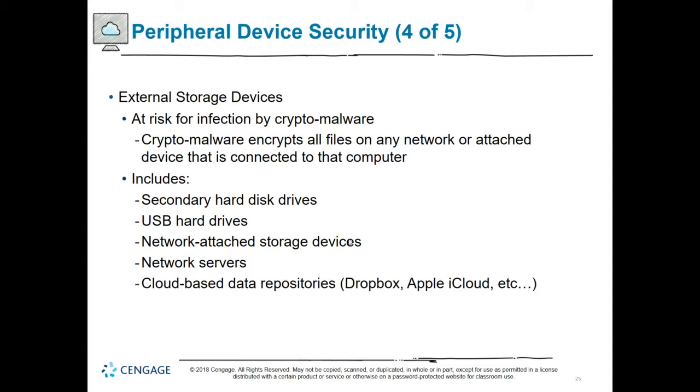This includes secondary hard drives, USB hard drives, network-based storage devices, network servers, even the stuff that's attached to the cloud. If it can get to our folder that is sending stuff to our cloud server, it can attack it.